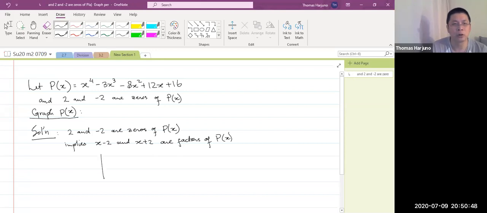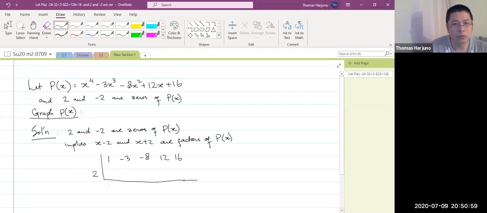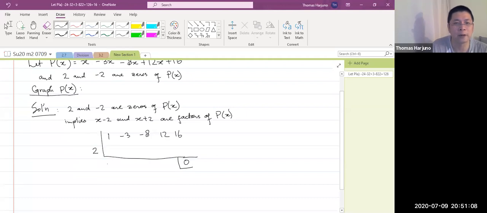Let's see. That's 1, -3, -8, 12, 16 divided by x minus 2. We expect that the bottom right will be 0 here, because we know 2 is a 0, right? So 1, 2, -1, -2, -10, -20. This is -8, -16, 0.